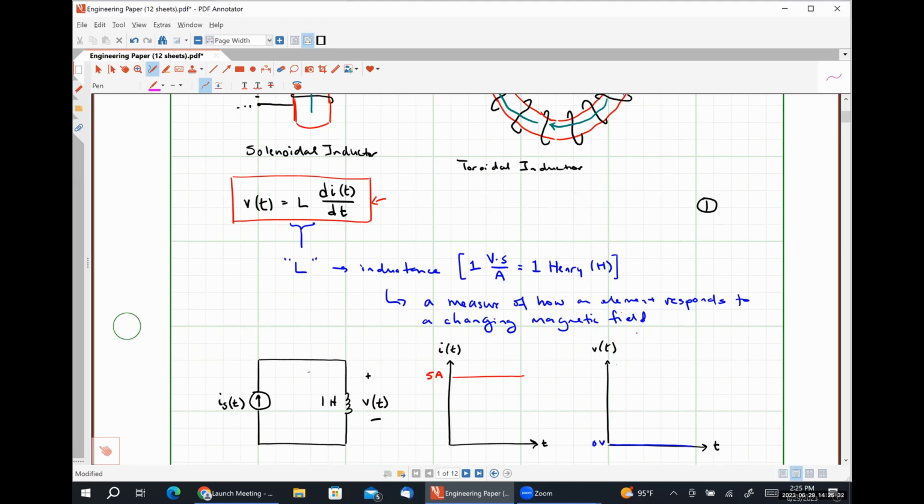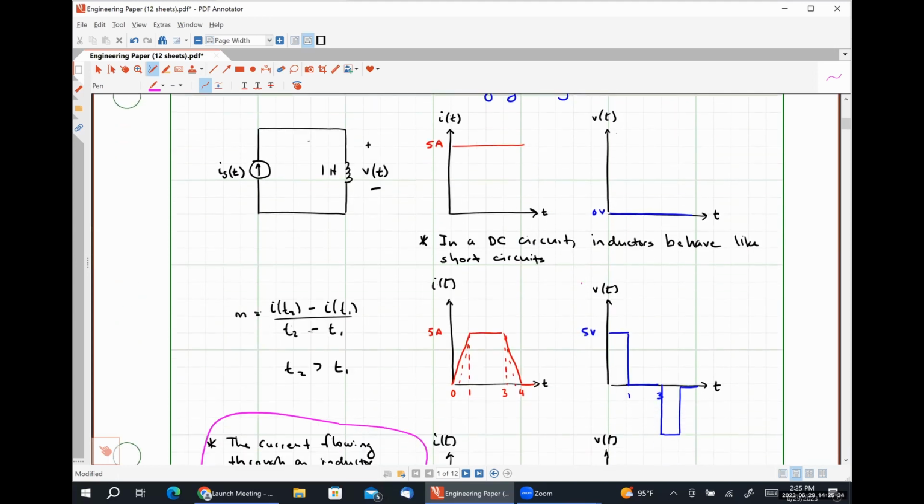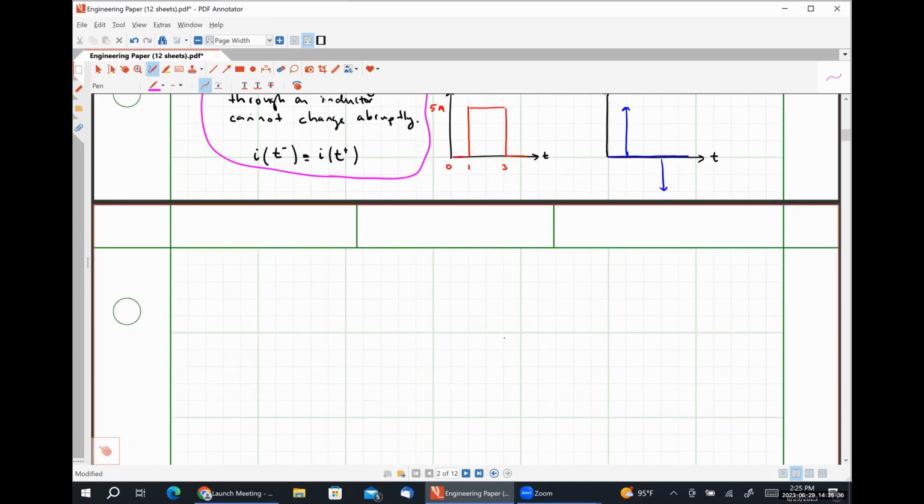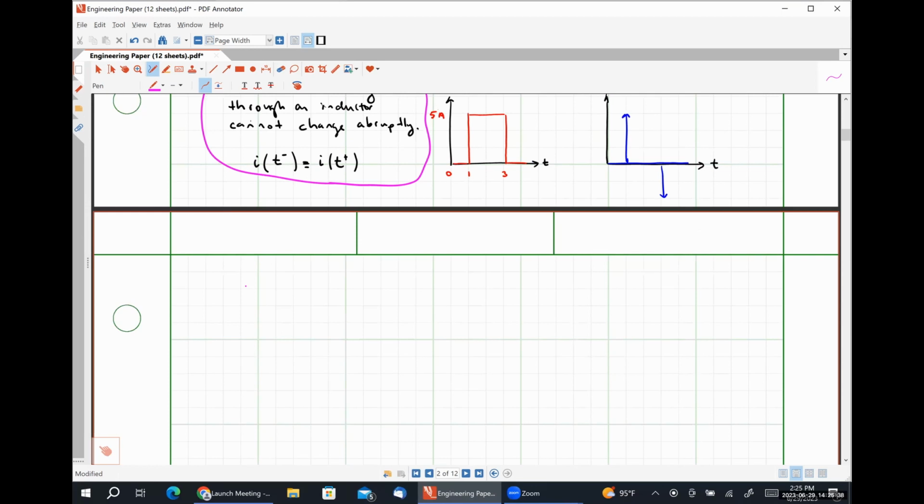So if we mathematically rearrange this relationship, what we'll find is that the current flowing through an inductor can be expressed as 1 over L times the integral from -infinity to t, a current point in time, of the voltage drop across the inductor with respect to time.